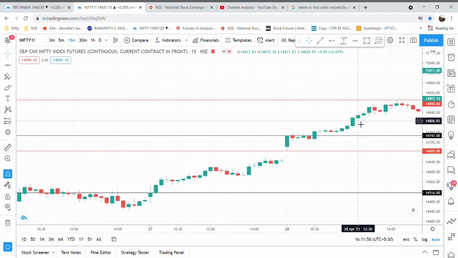The next step is to wait and see where exactly Nifty opens on the 29th. The important point here is the open, where exactly it opens.